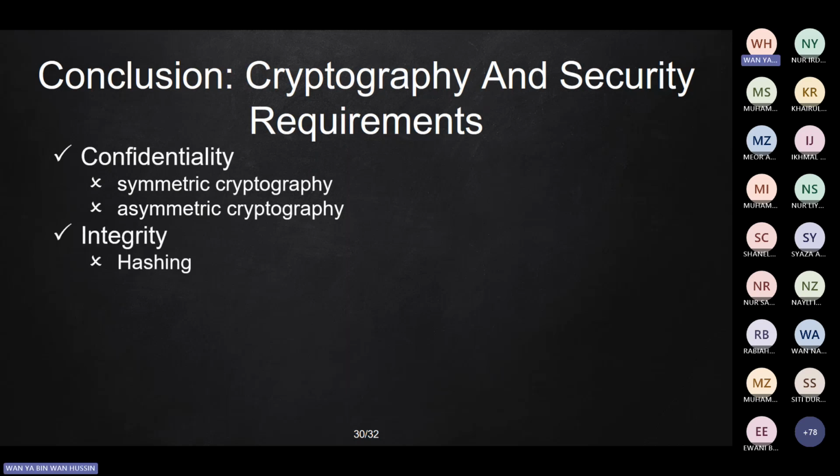Then to comply with the integrity component of computer security, we use hash function. Hash function is also known as one-way cryptography, where we can do encryption but we cannot do decryption. We will cover this also next week.